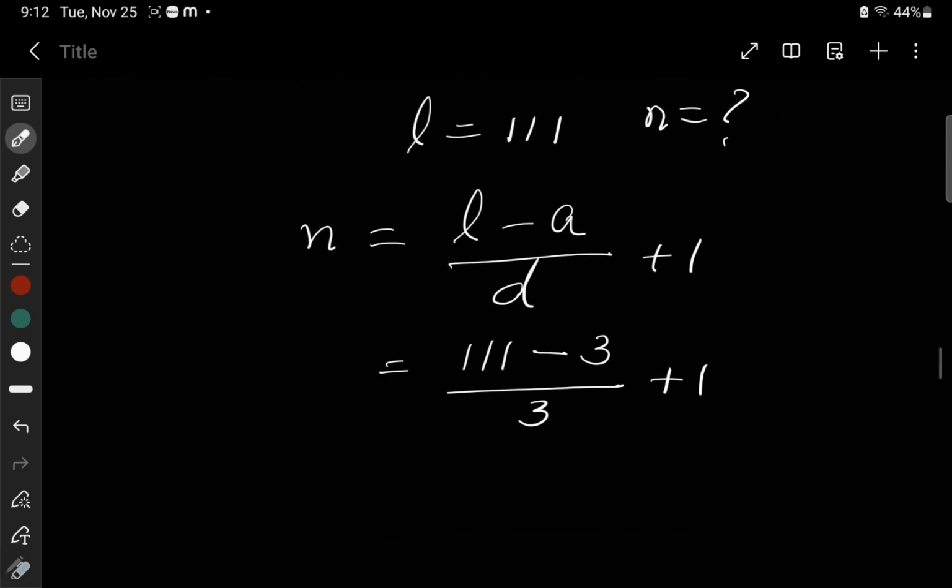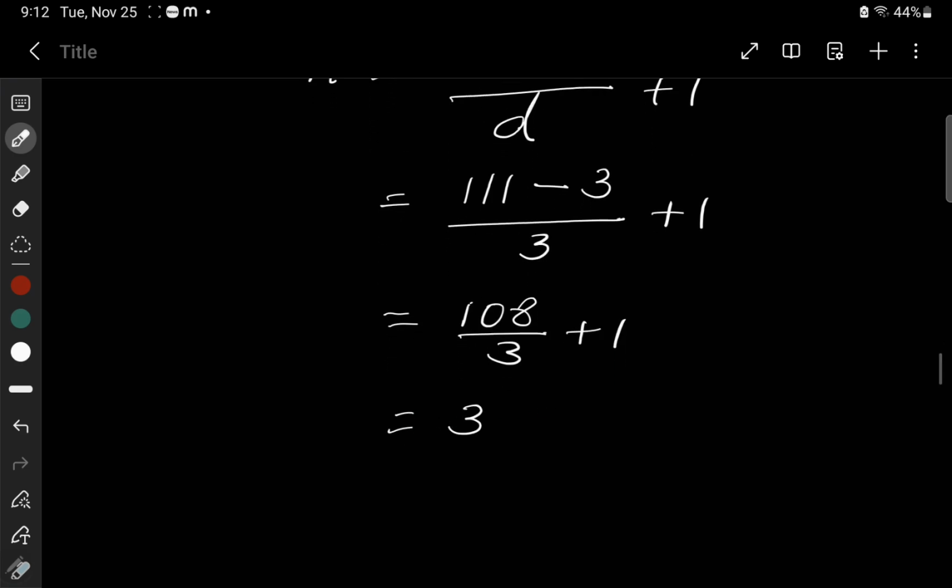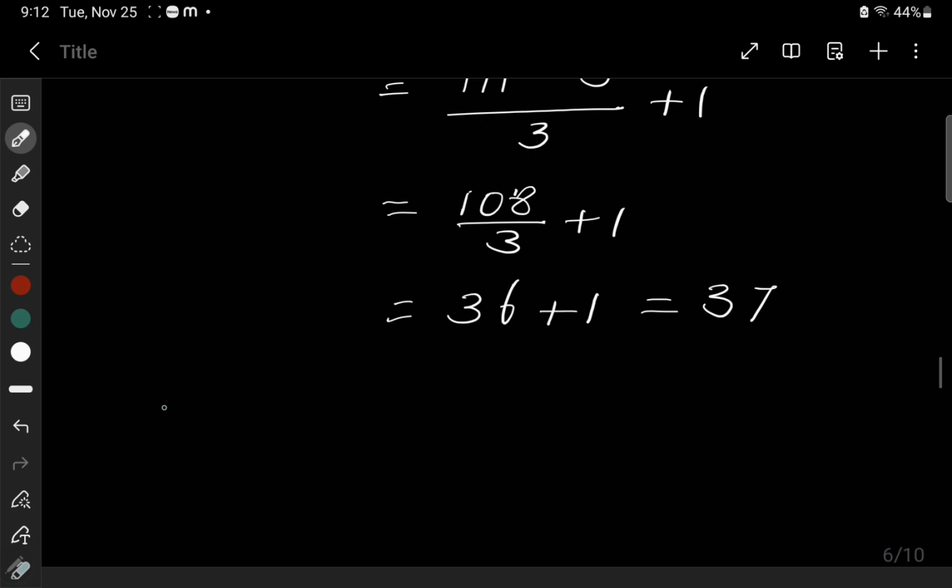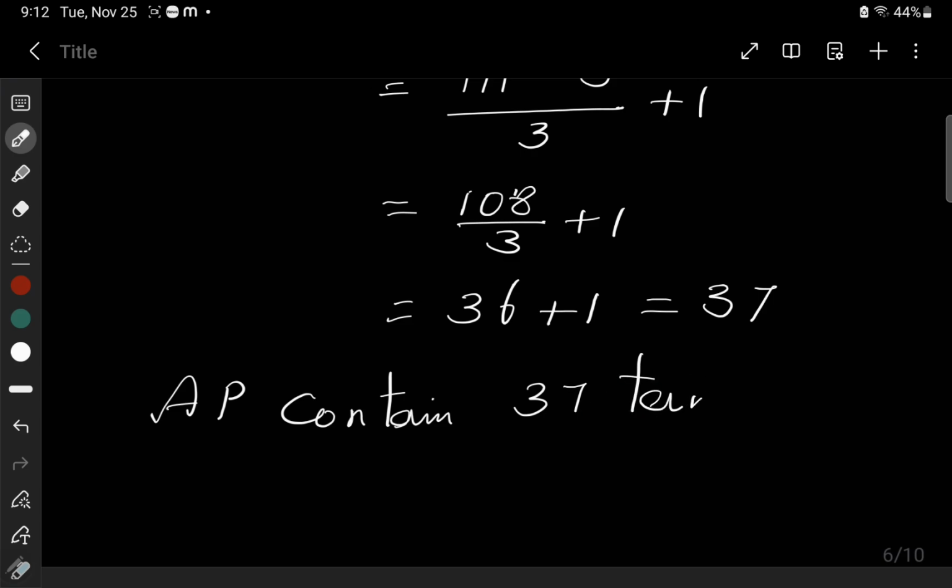So 111 minus 3 you will get 108, by 3, plus 1. If you divide, 3 3s are 9, carry over 1, 6 3s are 18 plus 1. So the answer is 37. So this AP contains 37 terms.